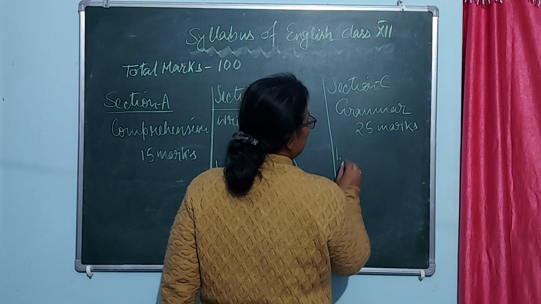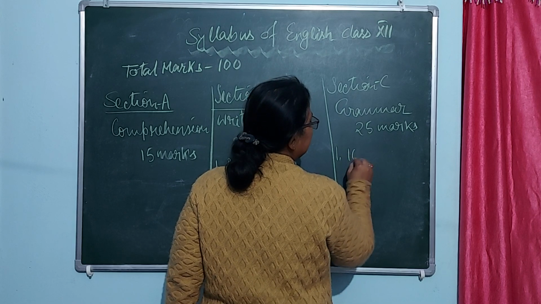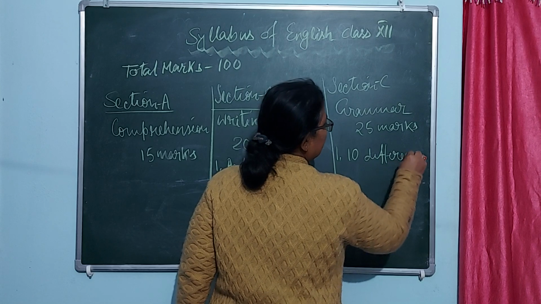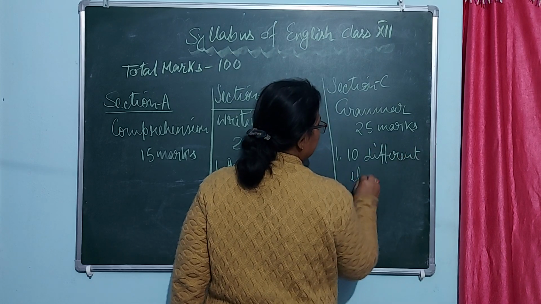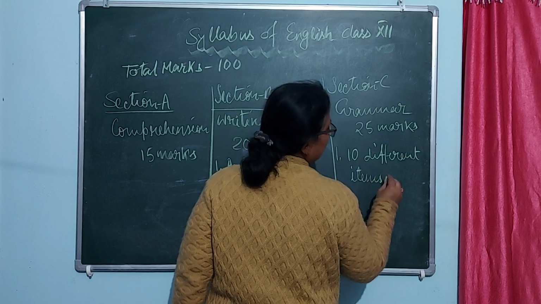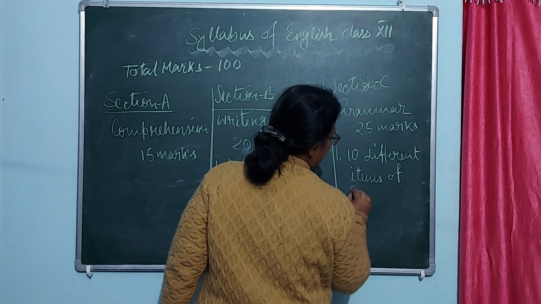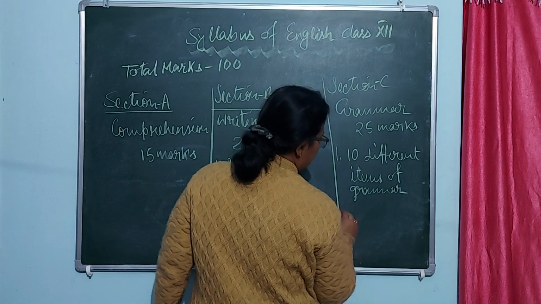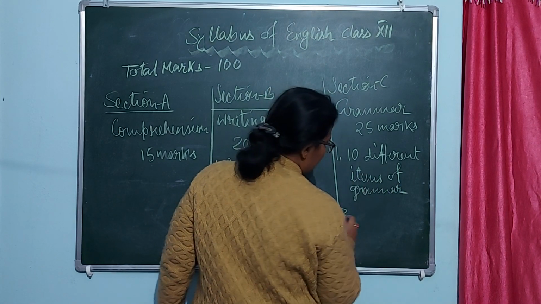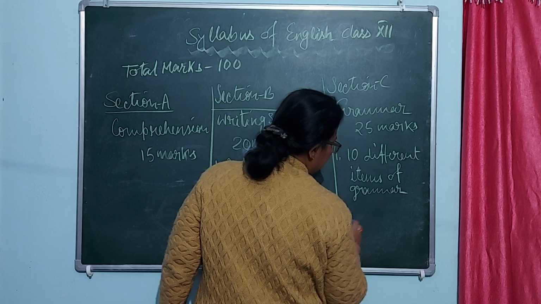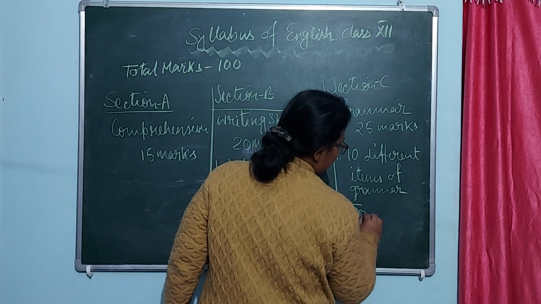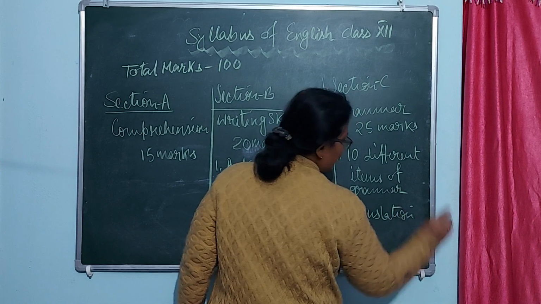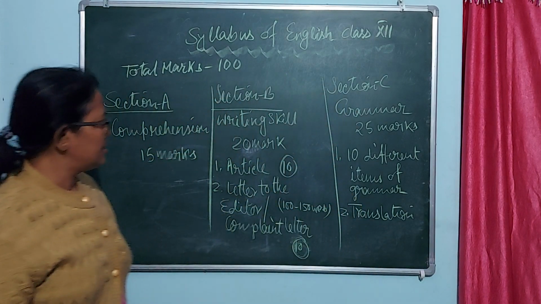Here common grammar, all kinds of 10 different items of grammar come, each carrying 2 marks. And then number 2 is translation. This is the division of Section C.